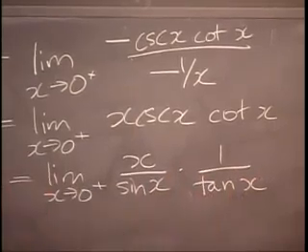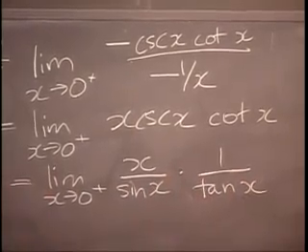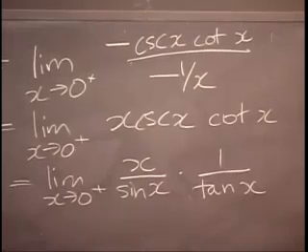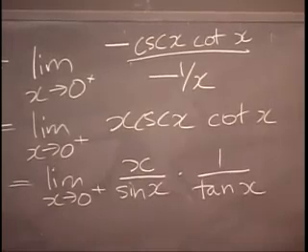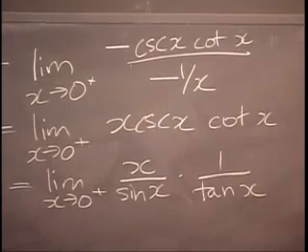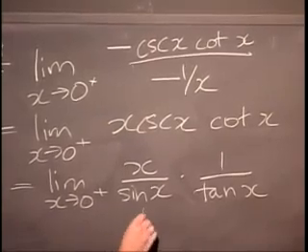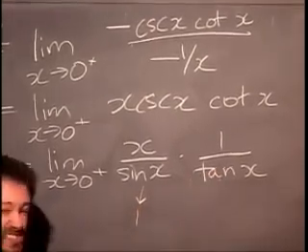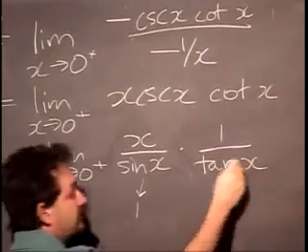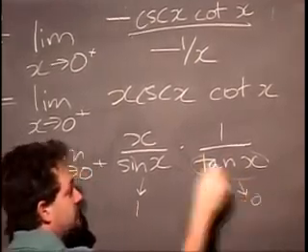What happens to x over sine x as x goes to 0? Well, what happens to sine x over x? Sine x over x goes to 1. So does its reciprocal. So this goes to 1. Tan x, of course, goes to 0 from above, so 1 over it goes to infinity.